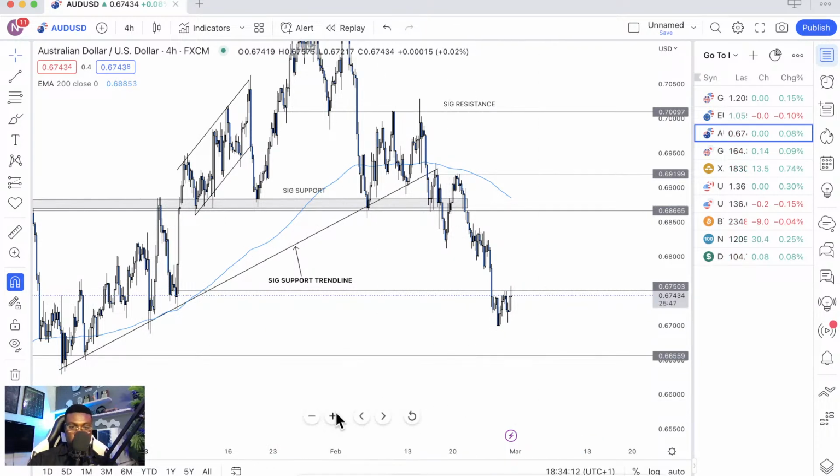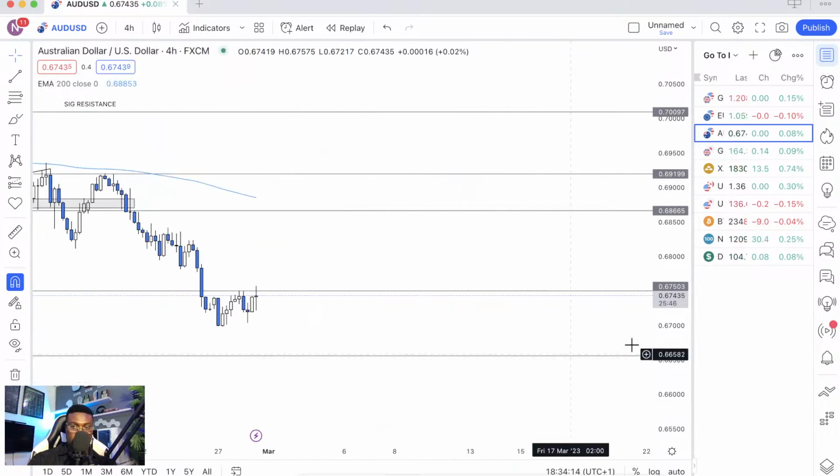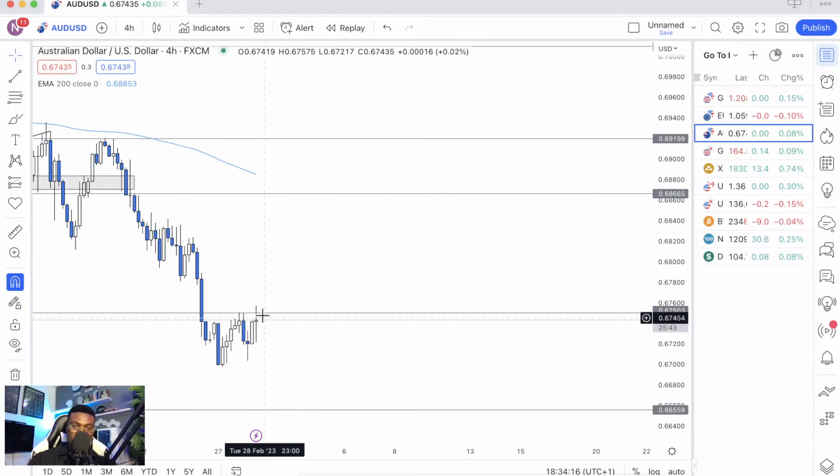If I zoom in closely again, you'd see that you're already seeing rejections in these levels that we mapped out last week. We're already seeing that the market is beginning to go down, right? And if we cannot break above this level, the Australian dollar market is going to push down here.